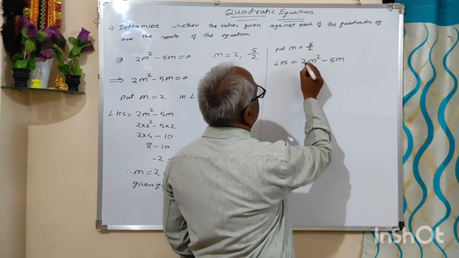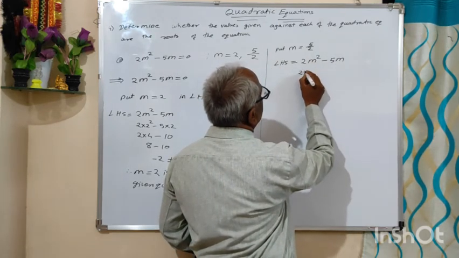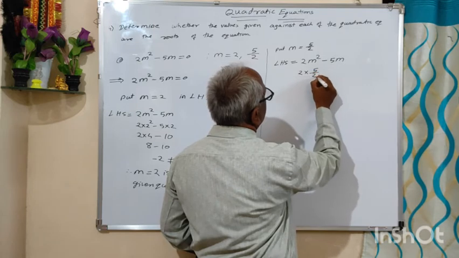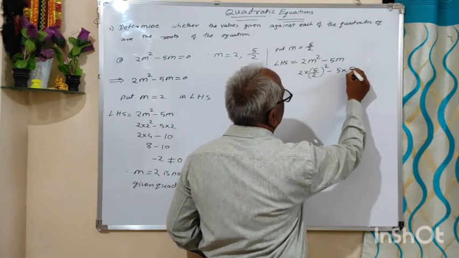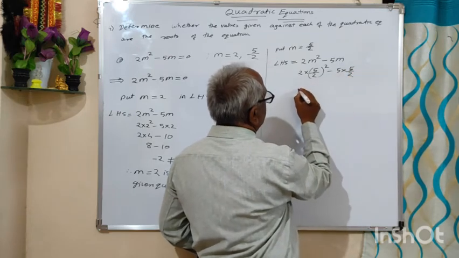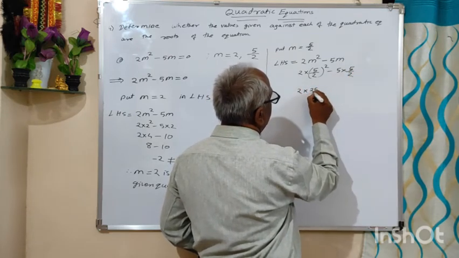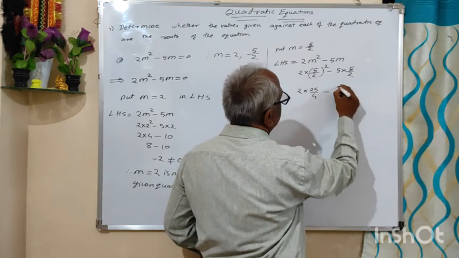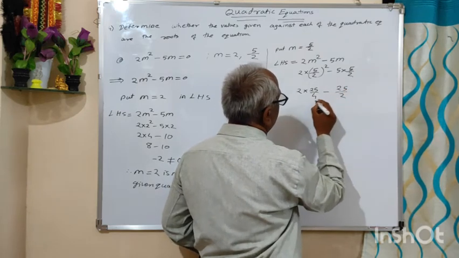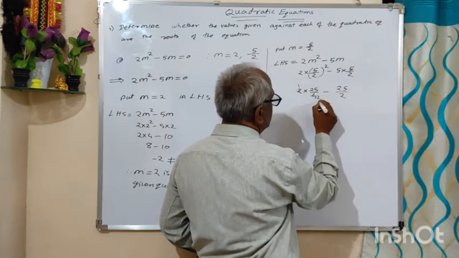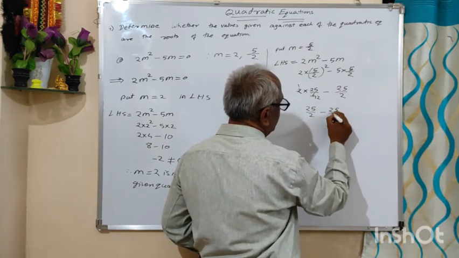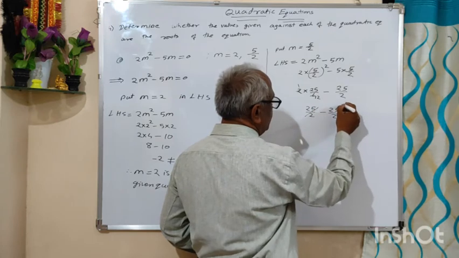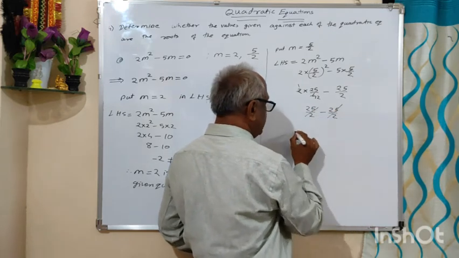In this put the value of m, that is 2 into 5 upon 2 bracket square minus 5 into 5 upon 2, that is 2 into 25 upon 4 minus 25 upon 2, that is 2 1s are 2, 2 2s are 4, that is 25 upon 2 minus 25 upon 2, 25 upon 2 minus 25 upon 2 cancel.